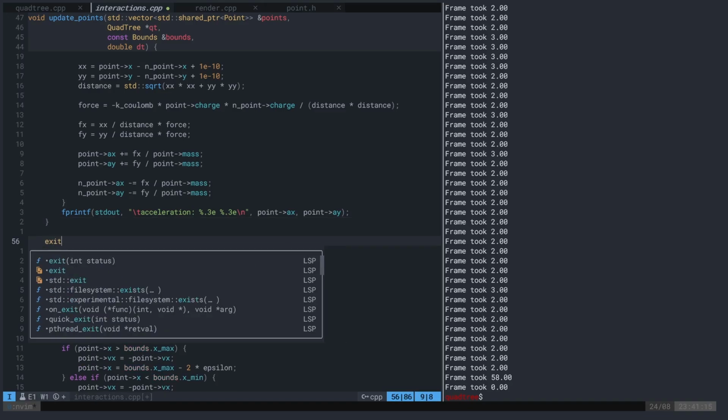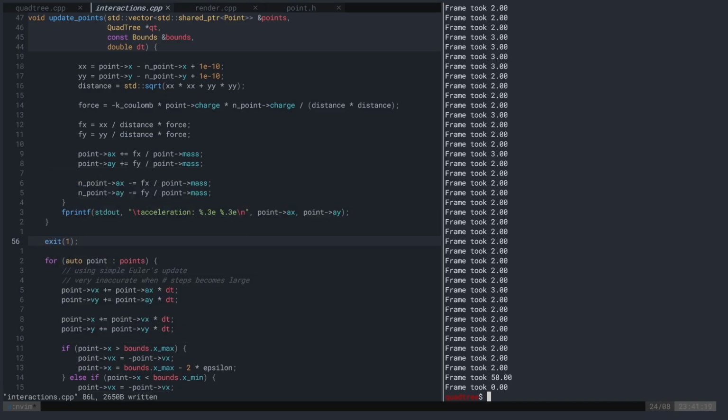And then here, let's just exit out, just so that we see what that initial acceleration looks like.